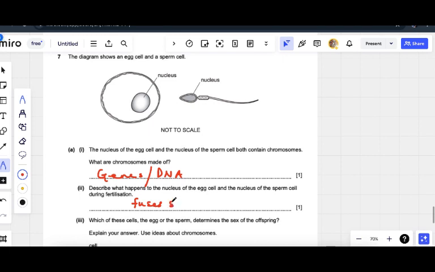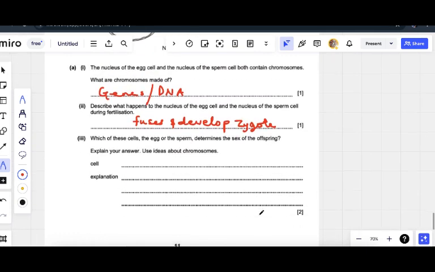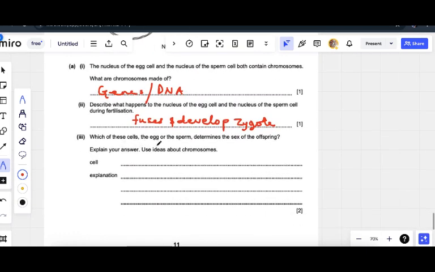Each one is haploid, so they develop into a diploid zygote, which contains the diploid number.